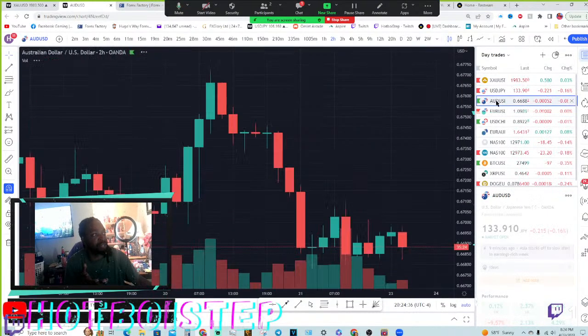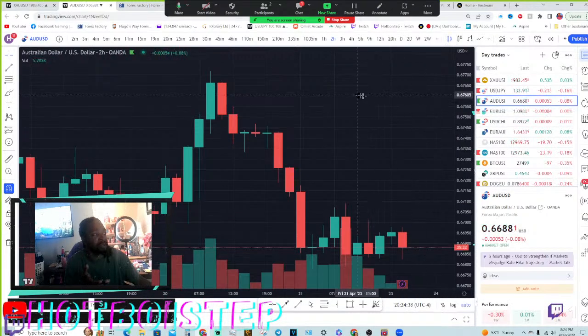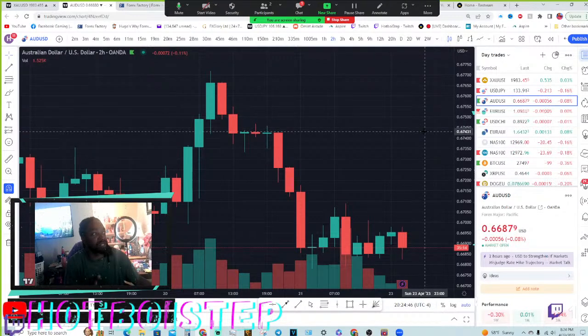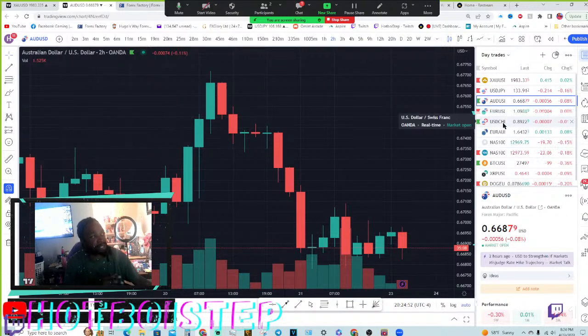And like the Australian dollar right now, AUD over USD, is basically saying one Australian dollar is 66% of $1 US. And then all these different ratios are kind of about the same when you're looking at the US dollar.